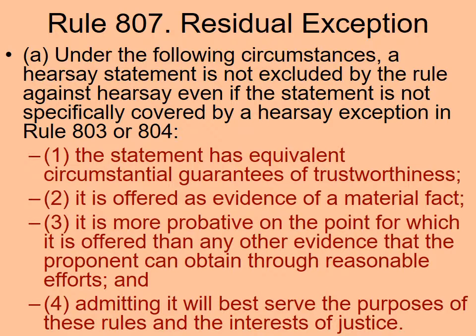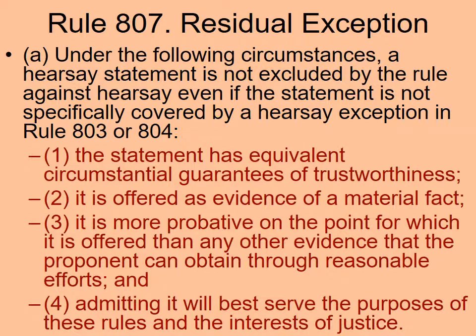There should be something beyond that to say why it's reliable to get in under the residual exception. So for example, let's say the proponent could point out, after all, this document was prepared by a person with no motive to lie while his memory was fresh, or something like that. If there was some proof of how the document got drafted, maybe that would be enough for a judge to actually let it come in under the residual exception here.